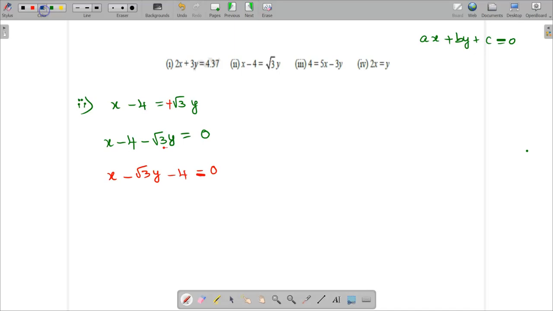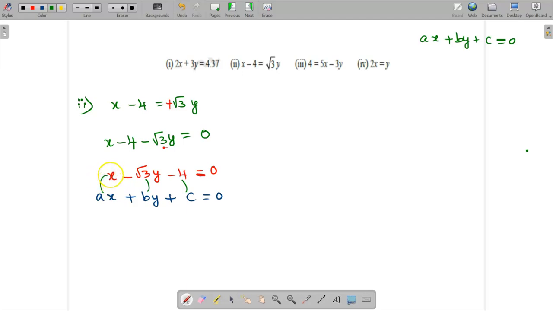Okay. So I am just rewriting the equation ax plus by plus c equal to 0. So compare these two things, right? This and this I have to compare, this and this, this and this. Here it is x, so the coefficient is a. Here it is x. What is the coefficient?